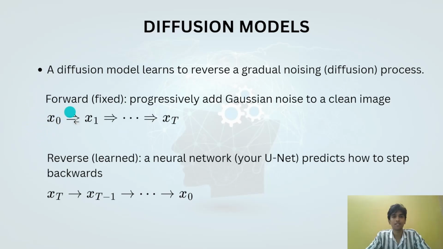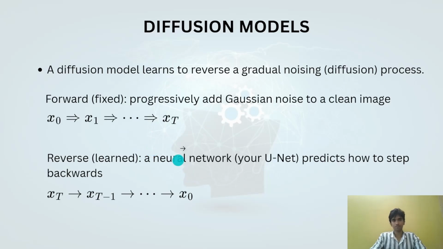For example, if I give it a sketch initially, that initial sketch is x0. xt is the final state of the image, or how the image looks after I have gone through t iterations of adding noise, t times. That is what xt means.